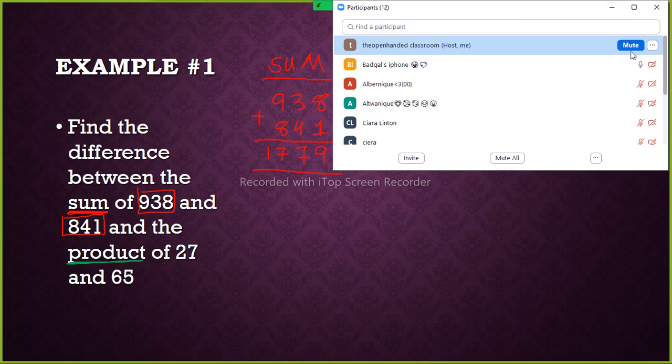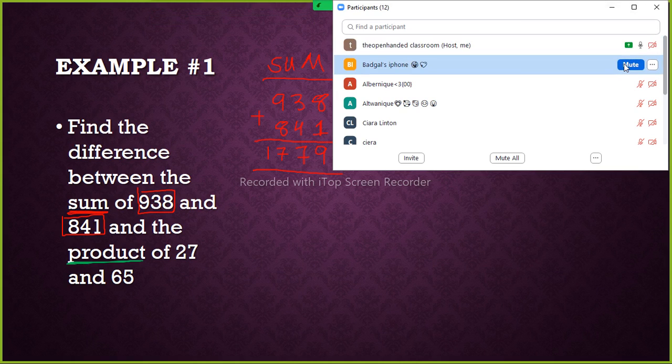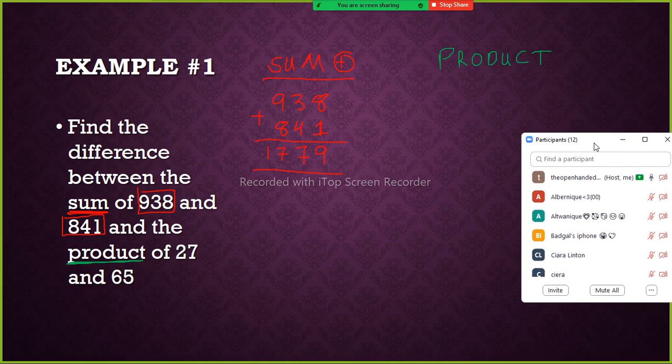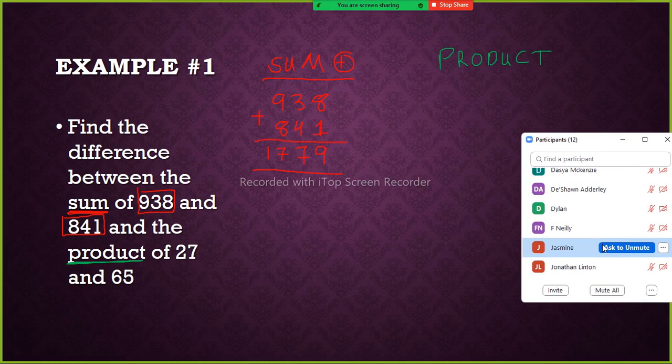When we hear product, what do we have to do? Okay, I'm not hearing from Jasmine. So, Dylan, when we hear product, what must we do?